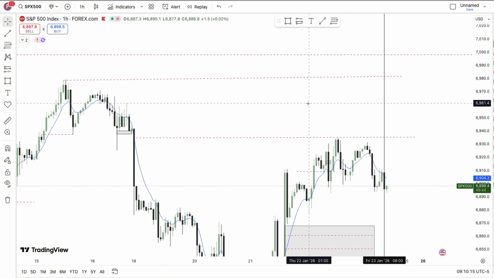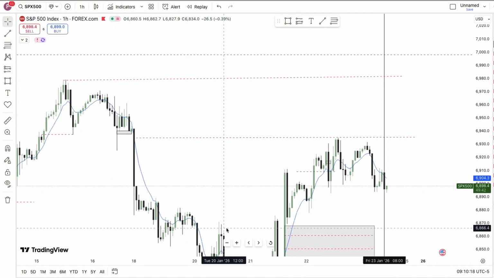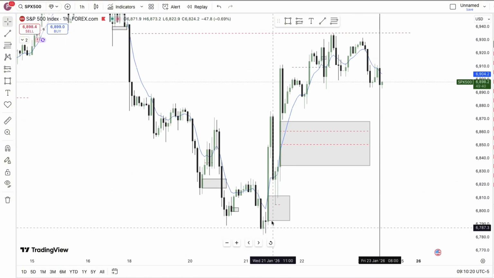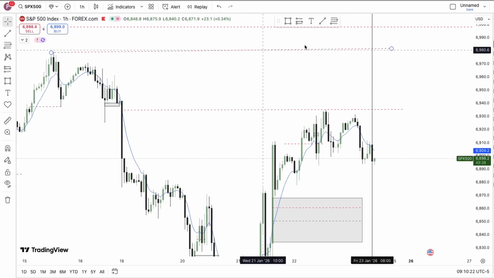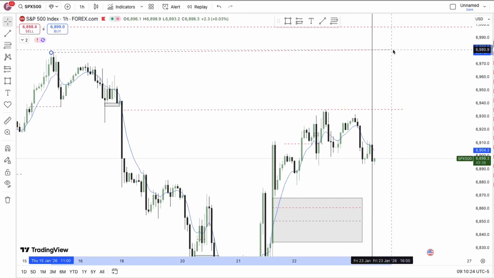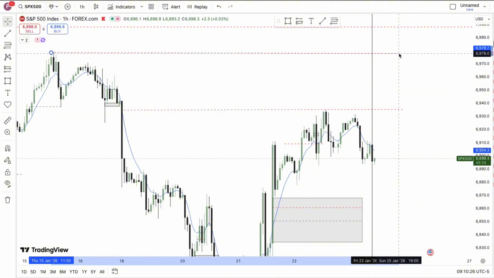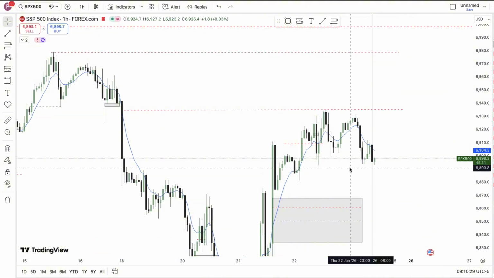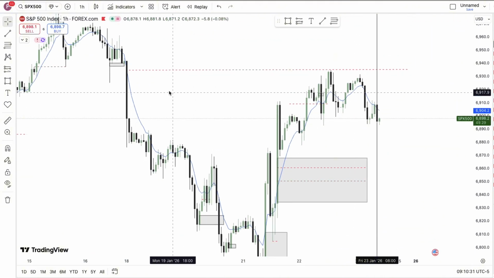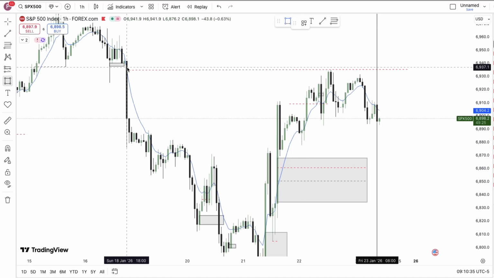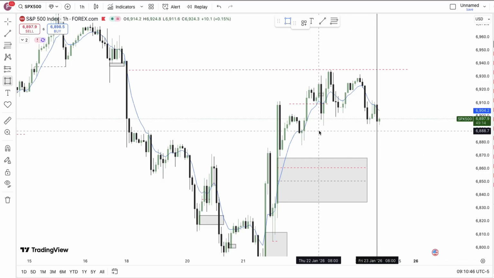From this high to this low, this high is still not taken, so there's still liquidity above this level, but price is still trading within the high of this fair value gap, and then the low. It's broken a little bit below the low, but it's still around the side.